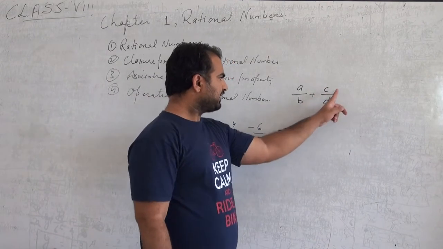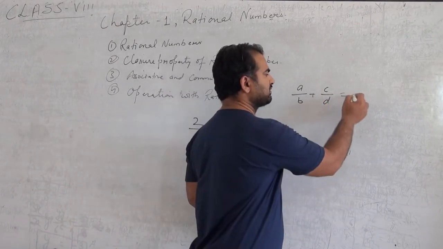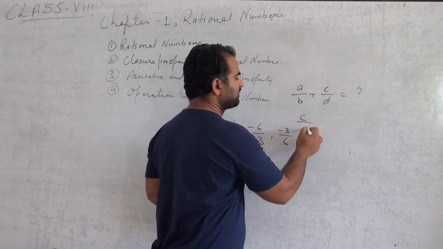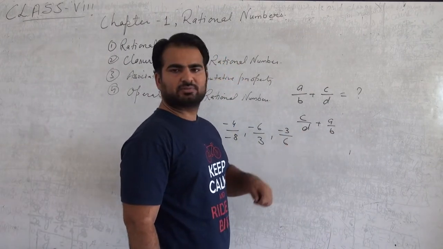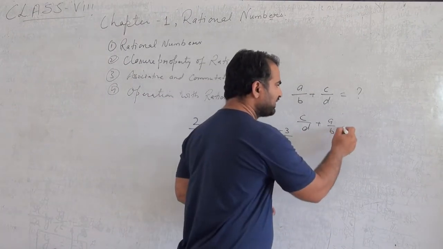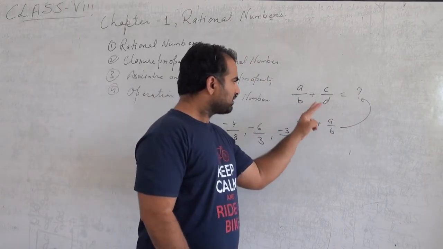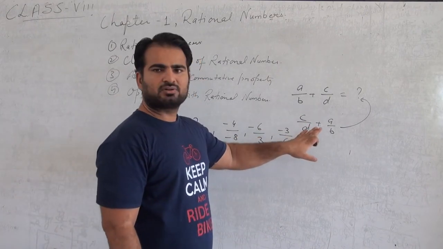If we add c upon d to a upon b, the answer will be something. But what will happen if we add c upon d plus a upon b? Will it be the same as it was or not? So if we change the order of two rational numbers, the answer should be the same or not.